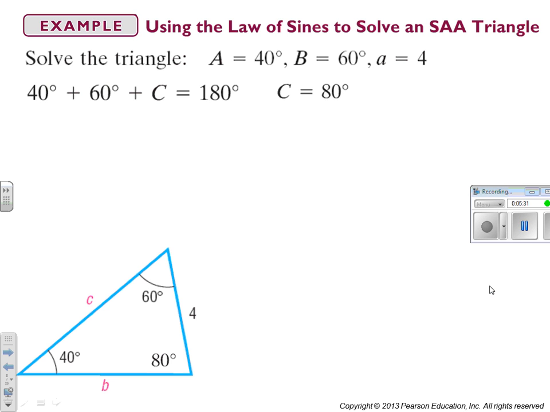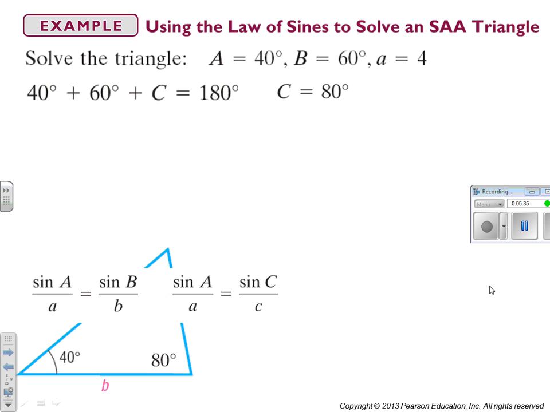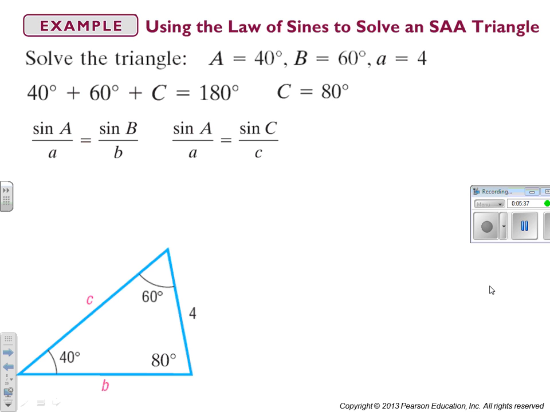Okay. Now we're going to use the law of sines to find C and B. Since we know all of the A information, angle A and side A, I'm going to use sine A over A in both proportions.